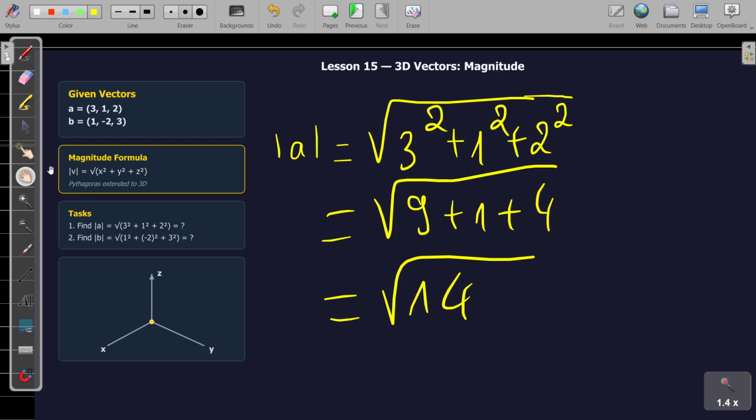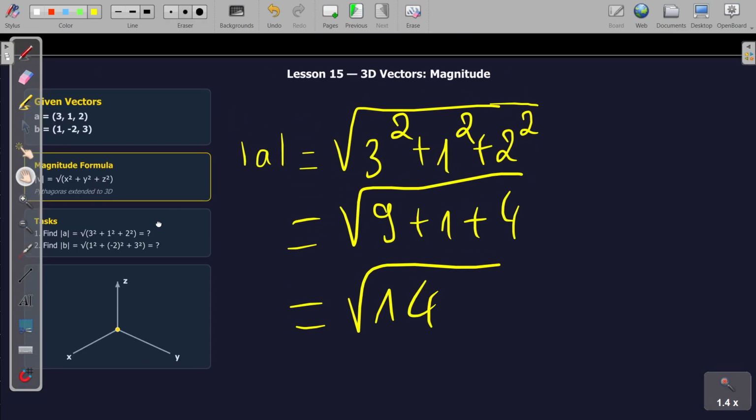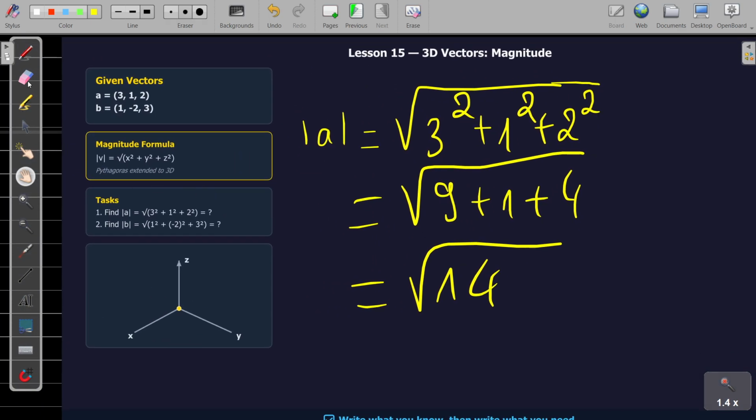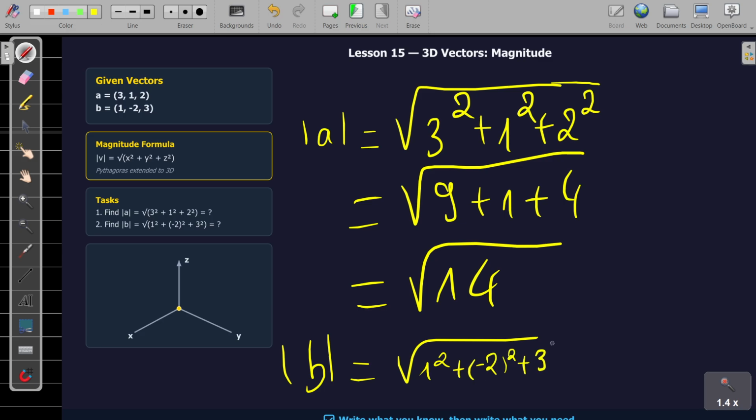Now for B. It's pretty easy to calculate this. So B would be 1 squared plus minus 2 squared plus 3 squared.